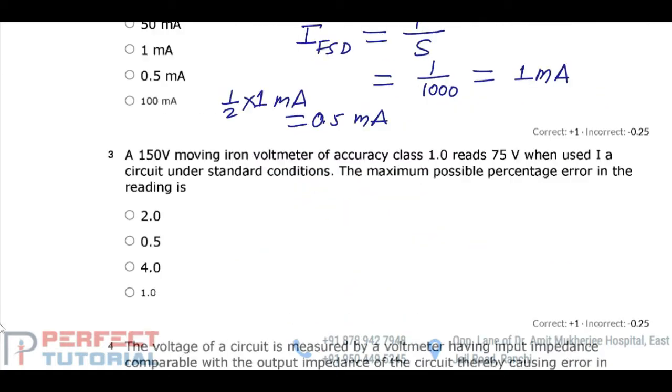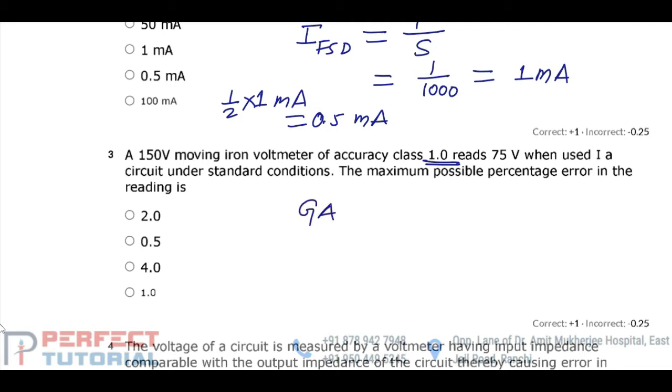Next you see here, a 150 volt moving iron voltmeter of accuracy class 1.0 reads 75 volt when used in a circuit under standard conditions. The maximum possible percentage error in the reading is. So it is given, accuracy class of 1.0. Accuracy class of 1.0 indicates the guaranteed accuracy error.